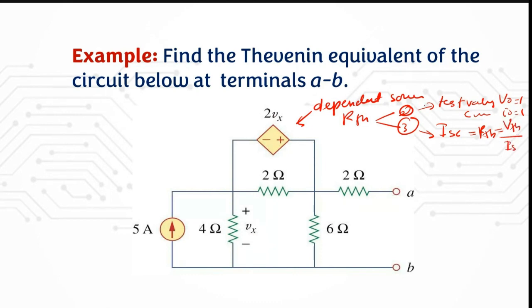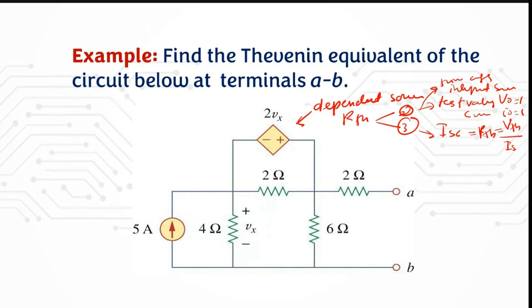For these methods as well, you need to turn off your independent source, and then put the test voltage or test current on your circuit. So it's up to you which method you want to use.